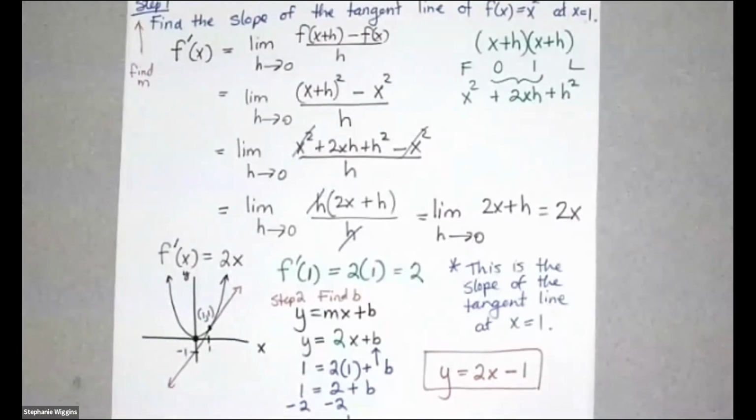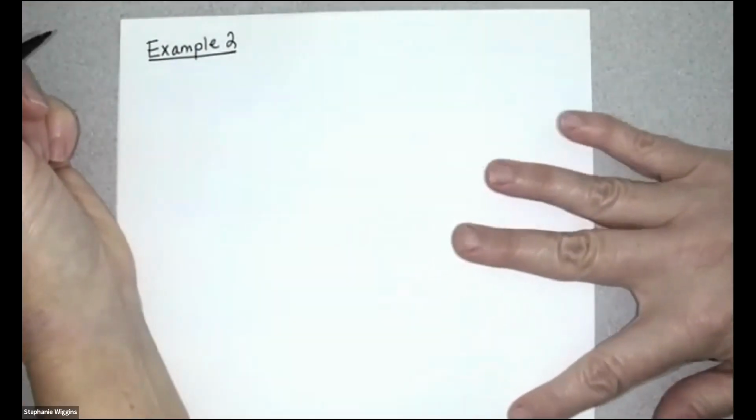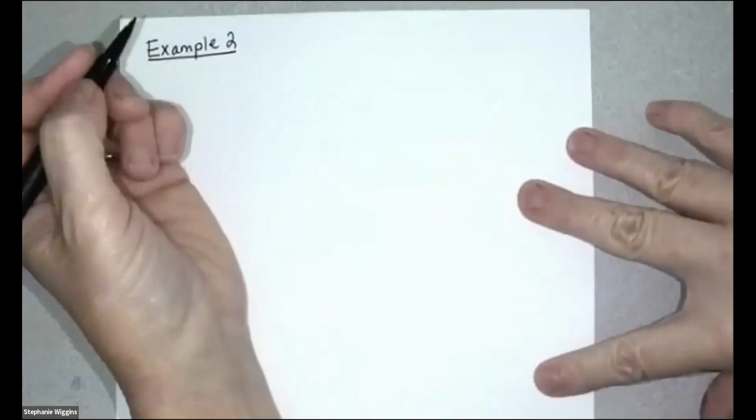All right, let me do another example. This time I want to find the tangent line to the curve of the function negative 2x cubed.